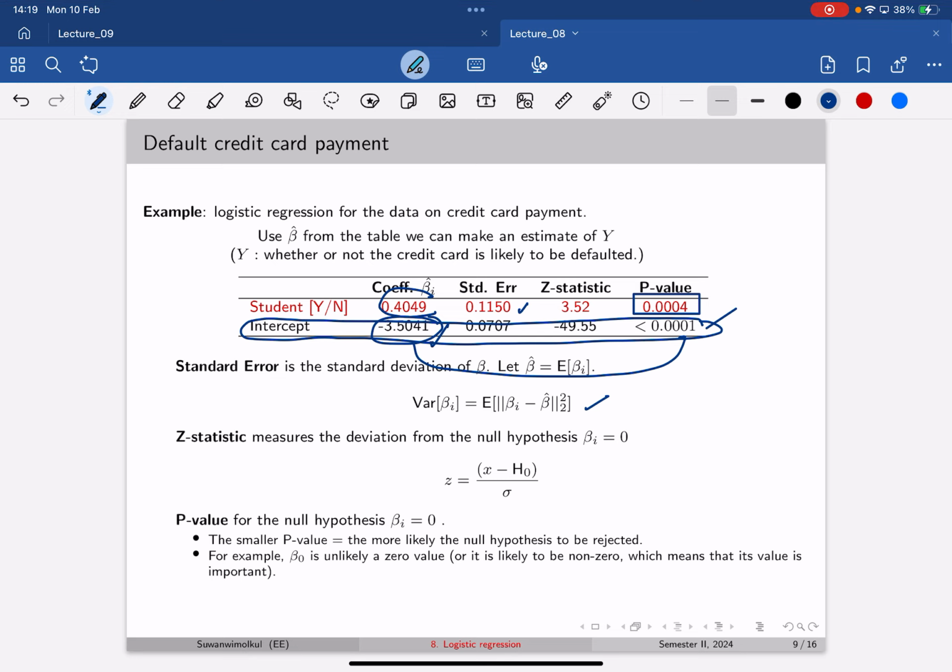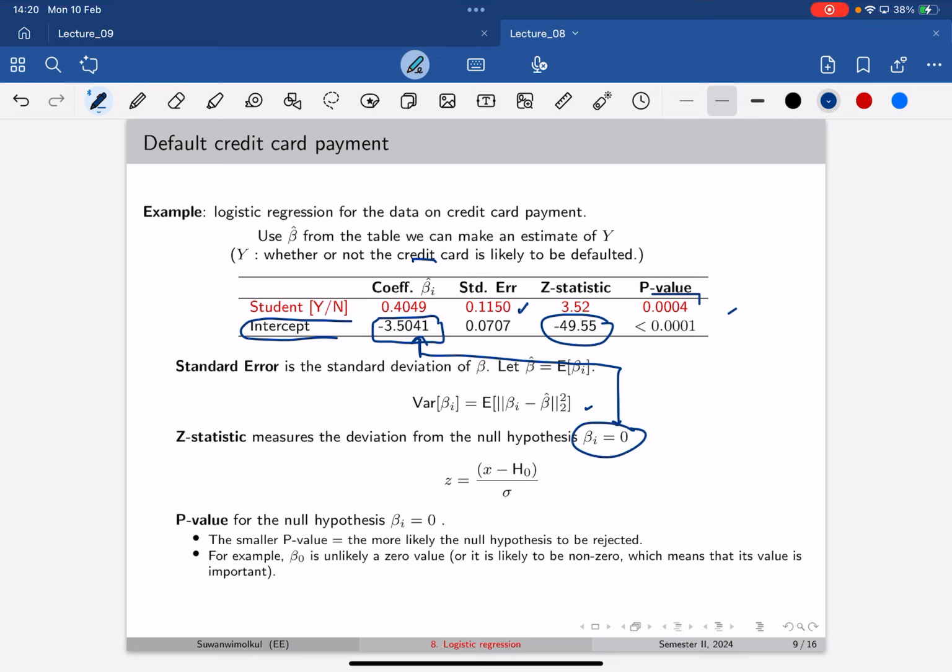And the t statistic is like how far this value is from our hypothesis. That is, if we hypothesize that beta 0 is equal to 0, but in fact the actual value is equal to negative 3.5, the t statistic will tell you how far this value is from the hypothesis of beta being 0.